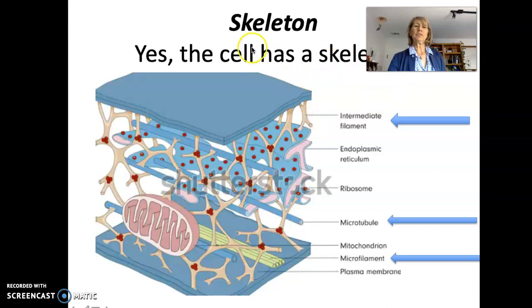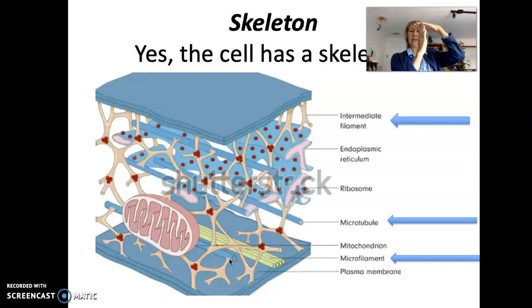And I'm not going to go into a lot of detail of this other than we think of it as just being this fluid middle, but actually it's got these proteins that go from one membrane to the other. We have some that are like railroad tracks here. We have some that are larger than others. So when you see the terms intermediate filaments, microtubules, and microfilaments, those are all making up this inside skeleton.